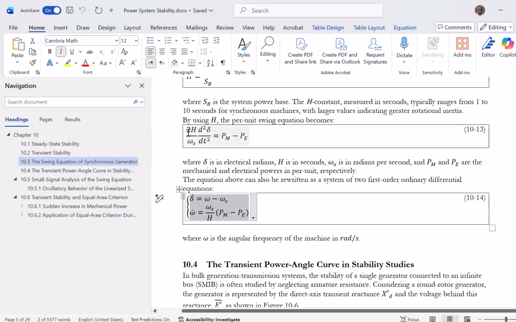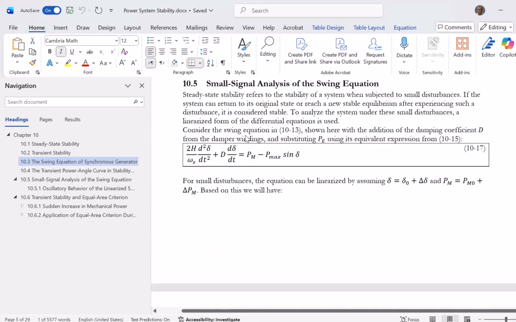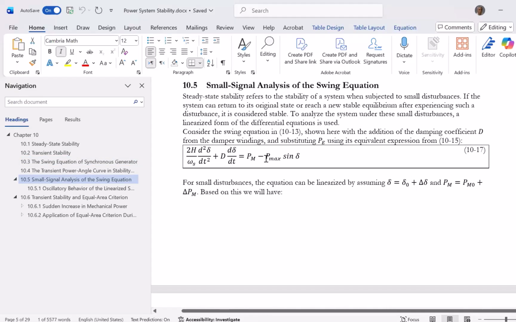So let's start from this one. And instead of the P electric part, I put this equivalent, P max sine of delta. P electric was P max sine of delta, okay?